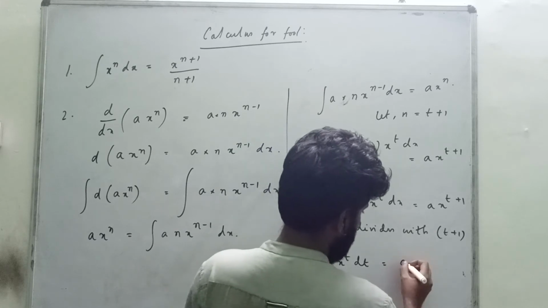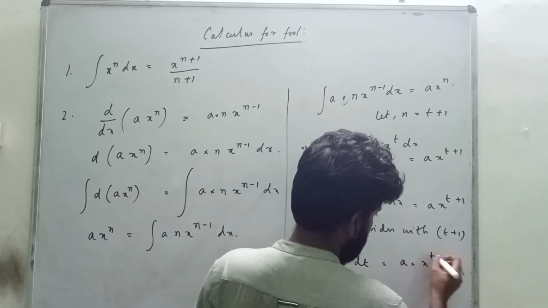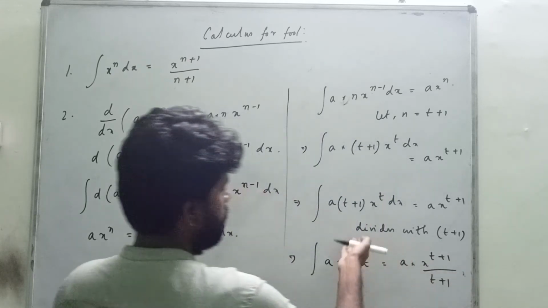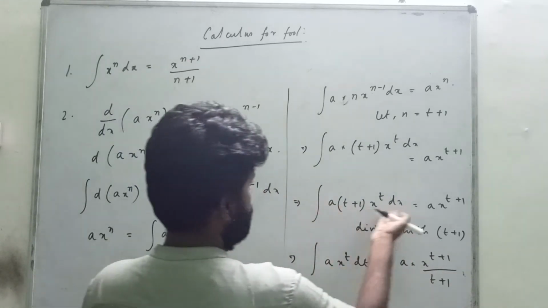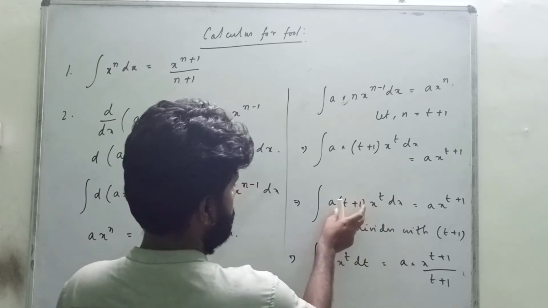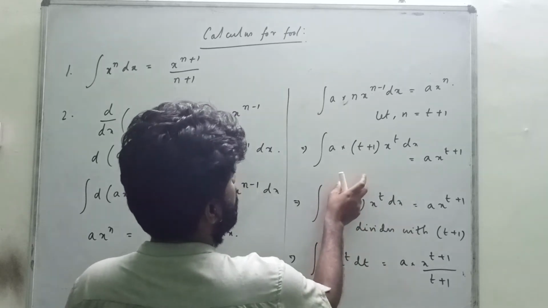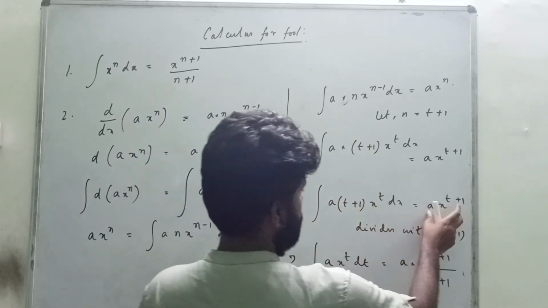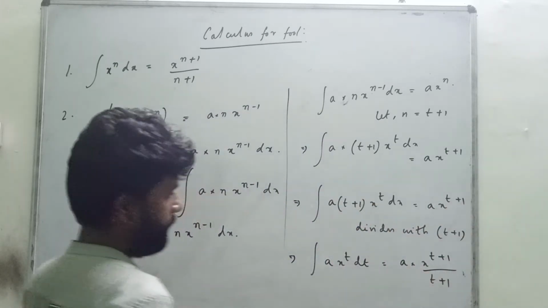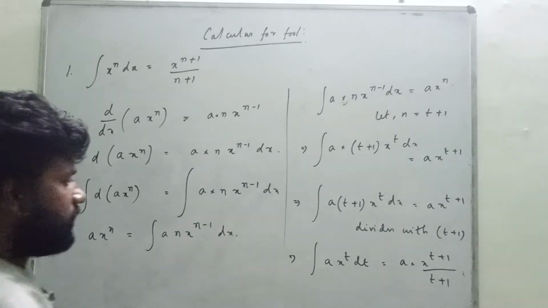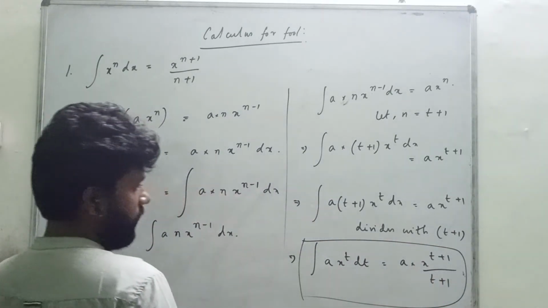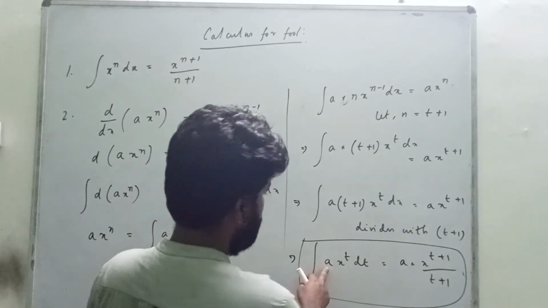Then a x power t plus 1 by t plus 1. So you divide it with t plus 1, then t plus 1 in the numerator and t plus 1 in the denominator cancel out. Just see what this actually is. Here a is actually a constant.